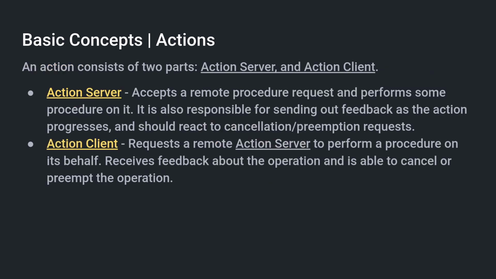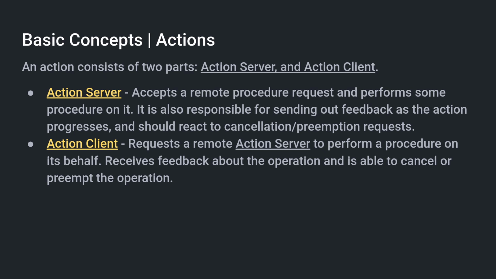So to continue, an action consists of two parts, an action server and an action client. So the action server accepts a remote procedure request and performs some procedure on it, and it's also responsible for sending out feedback as the action progresses. And the action server should react to cancellation and preemption requests.